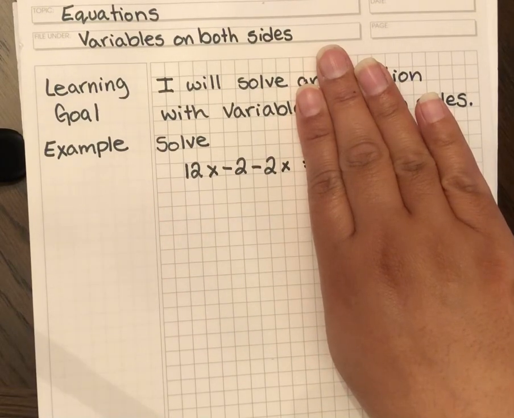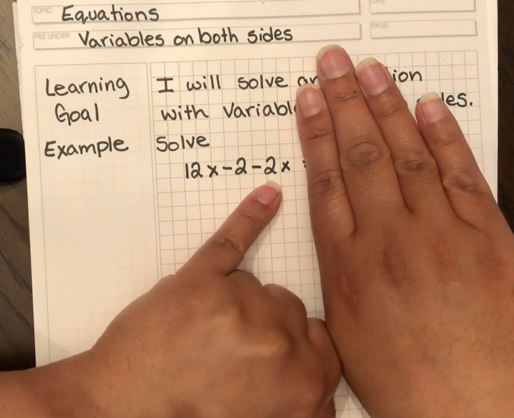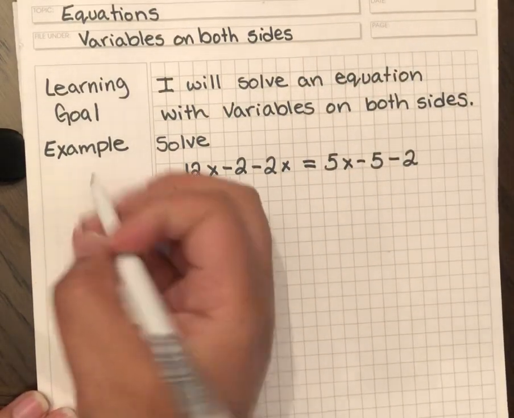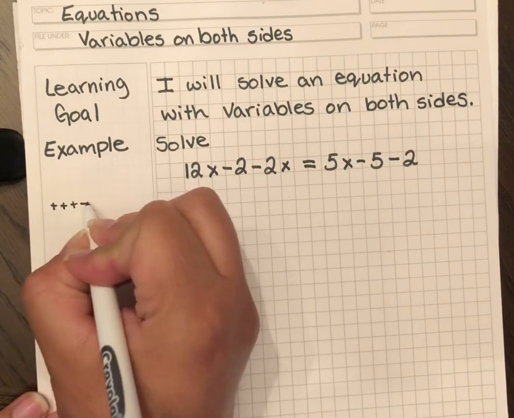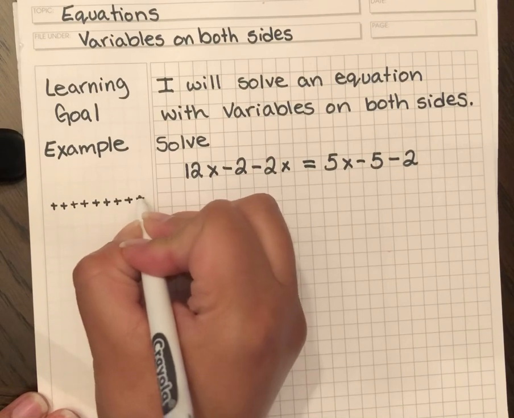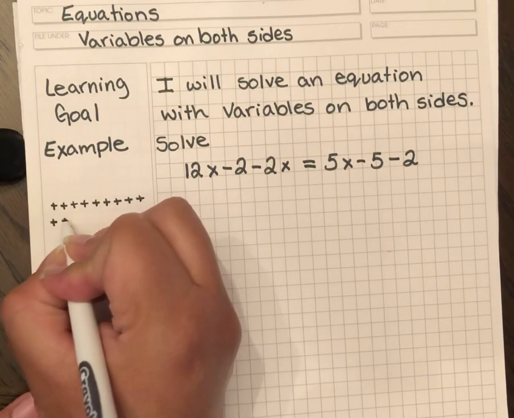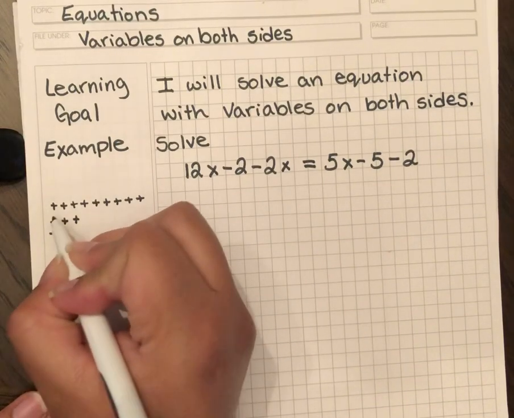On the left, I notice that I have 12 positive x's and 2 negative x's. So I have 12 positives, 1, 2, 3, 4, 5, 6, 7, 8, 9, 10, 11, 12, and I have 2 negatives.